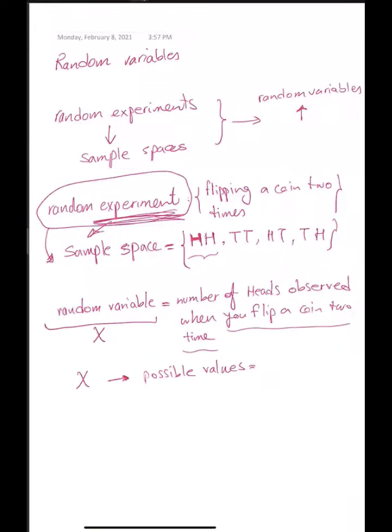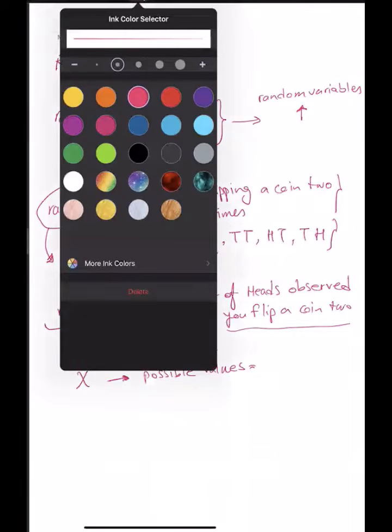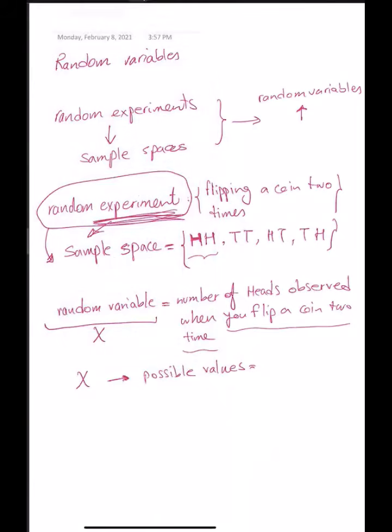Okay, so can you tell me when the 0 would happen? When it's tail, tail, then I observe 0 head, because here I'm looking at number of heads.